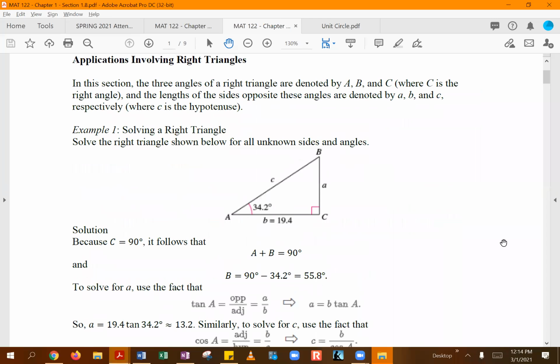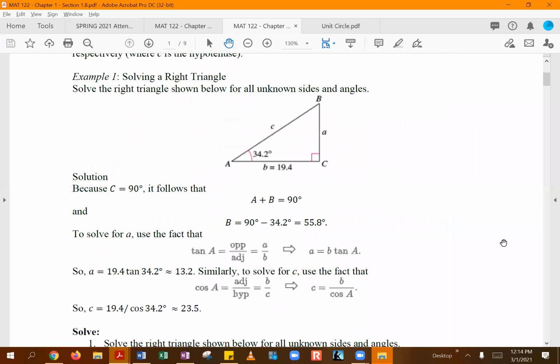If you look at this first example, any triangle, right triangle or otherwise, will have 3 sides and 3 angles. So for the right triangle, if you know one of those 2 acute angles, since we know this angle over here is always going to be 90 degrees, you can always calculate the second one, because we know the remaining 2 angles also add up to 90 degrees.